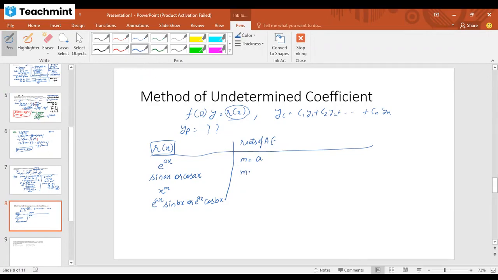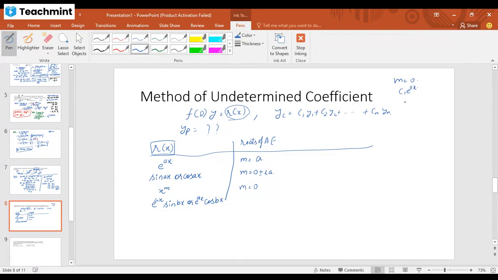That means if m equals 0 plus minus i a. And you will get a polynomial if the root of the auxiliary equation is 0. If m equal to 0 is one of the roots, then your solution is c1 e power 0x.